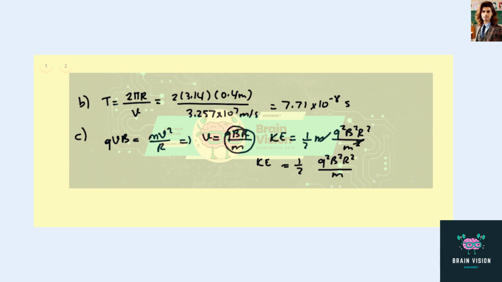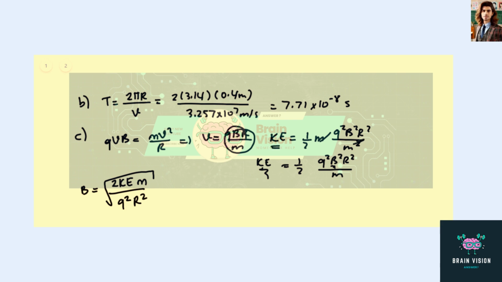So now from this equation, we're relating the kinetic energy to the magnitude of the magnetic field. If we isolate B out of the equation, what would we get? We would get 2 times the kinetic energy times the mass divided by Q squared R squared, and the square root of everything, right? For a given kinetic energy.